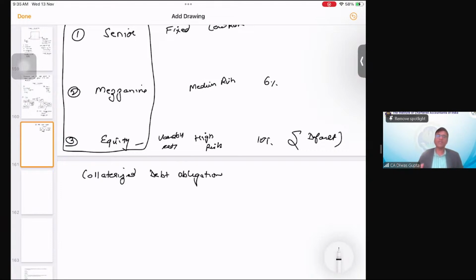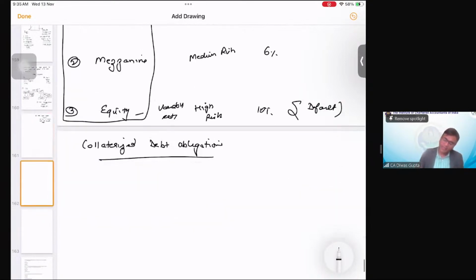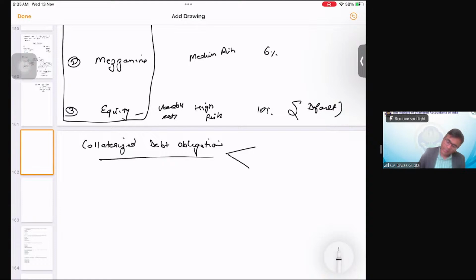So the entire process of securitization, by converting the illiquid assets to marketable securities, that is point number one, and creating different tranches basis the risk return profile and basis the expectation of the investors, is called collateralized debt obligations. And this can happen for both MBS and ABS, right?